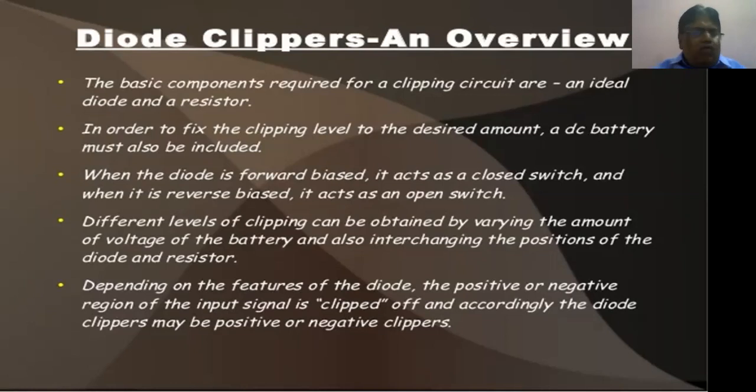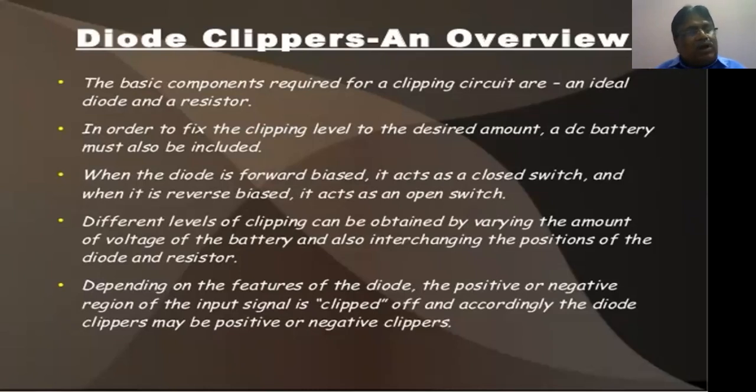When the diode is forward biased, it acts as a closed switch, and when it is reverse biased, it acts as an open switch. Once again, when the diode is forward biased, it is a closed switch. When the circuit is closed, automatically the current will go throughout the circuit.